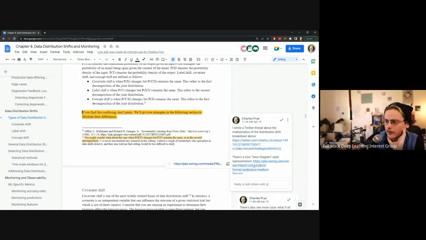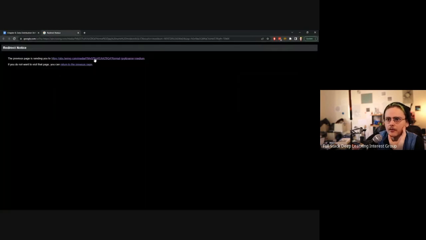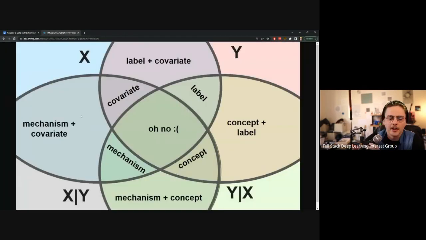I made this little Venn diagram to represent this. Each of these regions represents which distributions are changing.